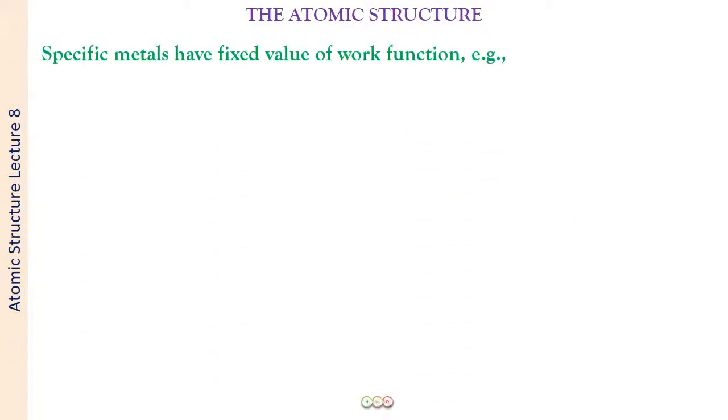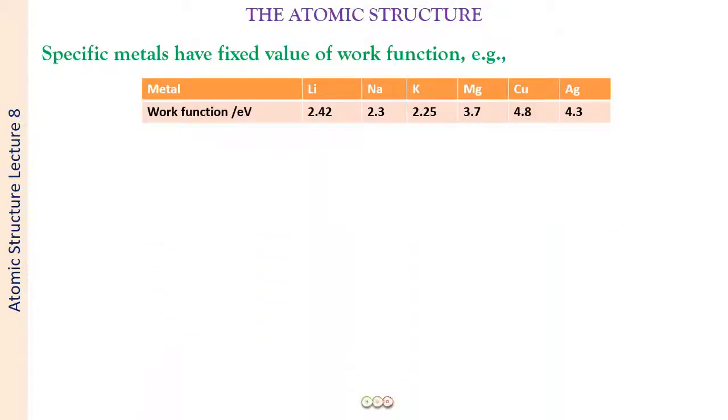So specific metals have a fixed value of the work function, and I have a chart for you for a few of them. The work function in electron volt for lithium is 2.42, sodium is 2.3, potassium is 2.25, magnesium is 3.7, copper 4.8, and silver 4.3.